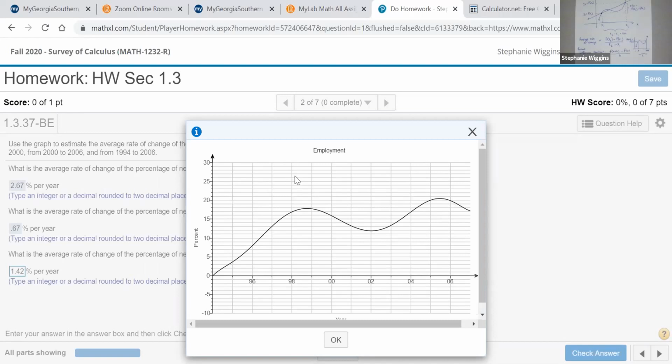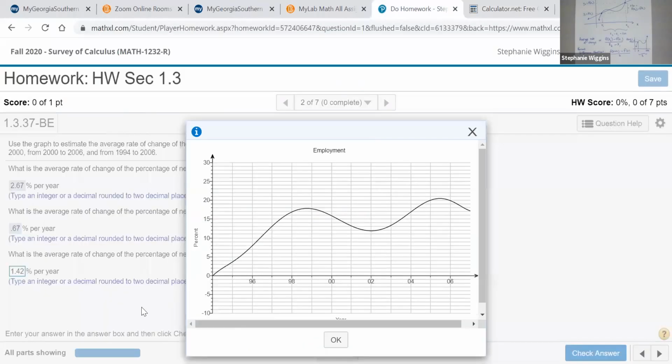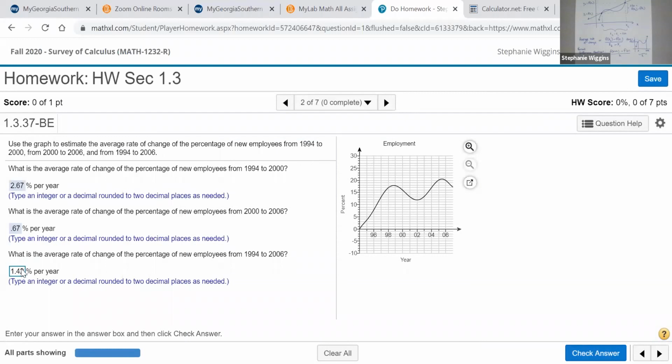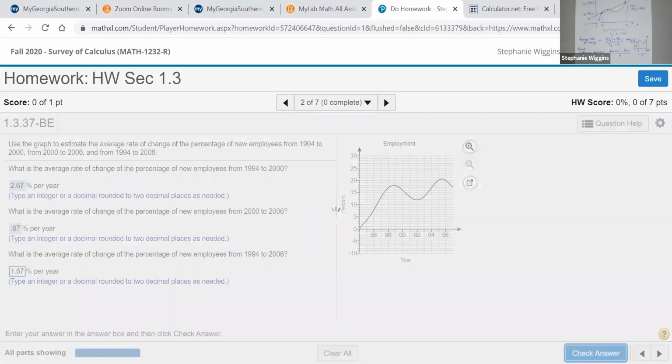So that's going to be 20 over 12. Let's calculate that. I don't know where I got the 17 from. I just looked at my graph incorrectly. 20 divided by 12, 1.67. Let's try that now. Nice thing about these homework, you get it wrong, you just get to do it again right away and figure out what you did wrong.